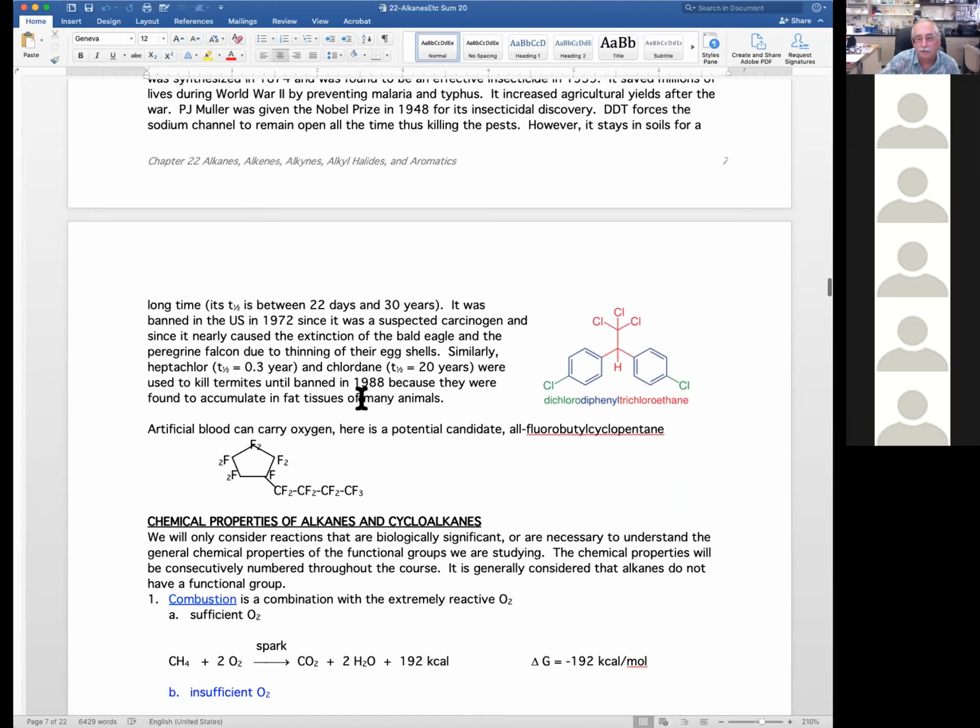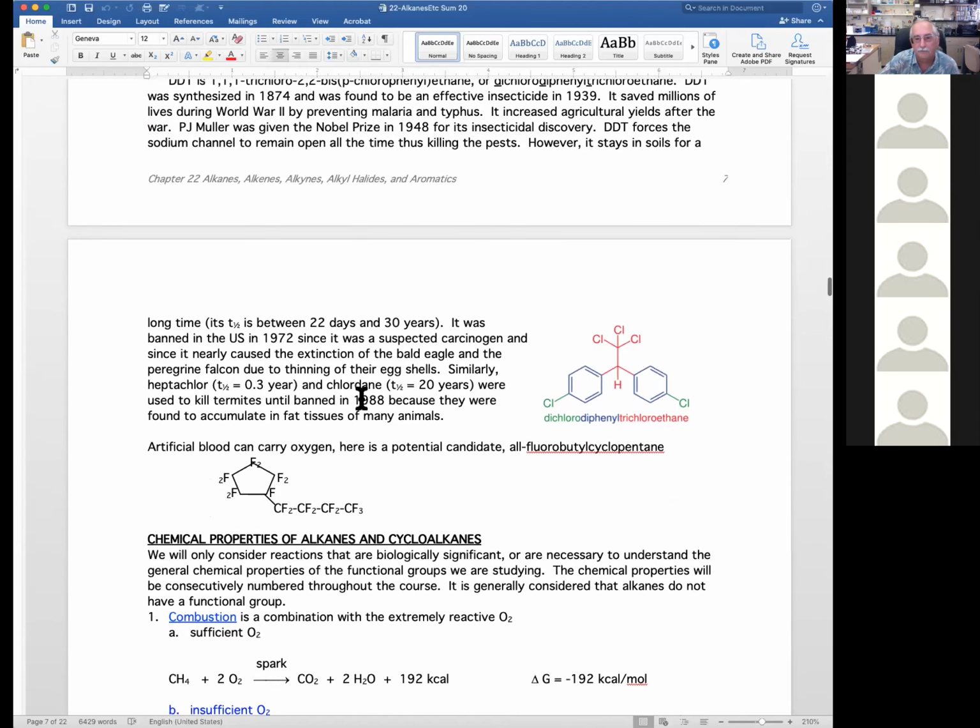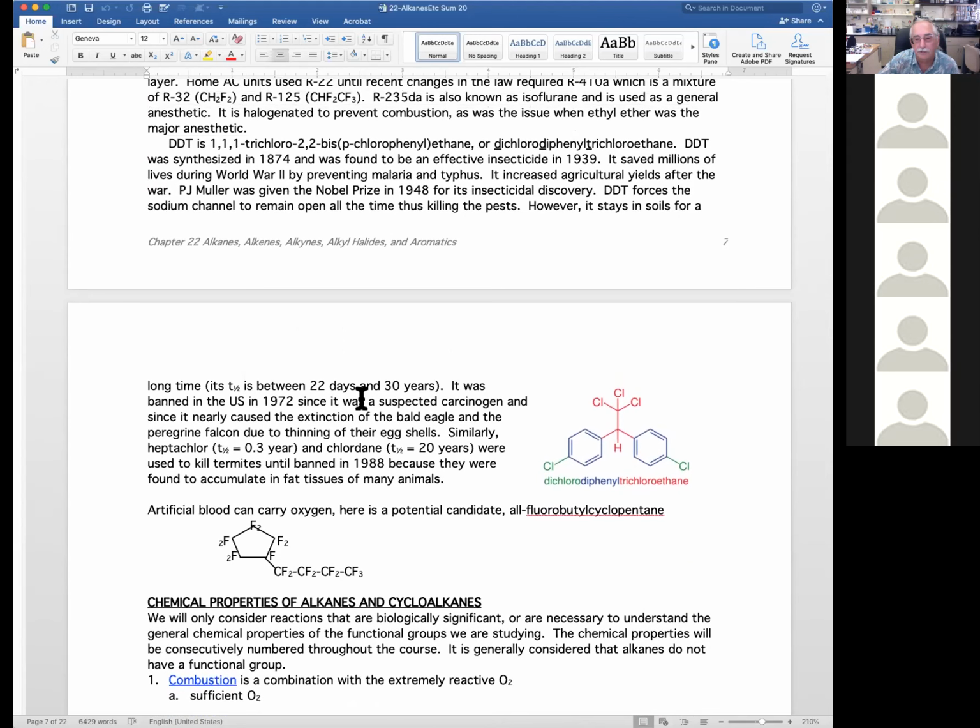Okay. So here's DDT. And my generation was quite concerned about DDT and a lot of chlorinated or halogenated pesticides and stuff like that, like chlordane, heptachlor.